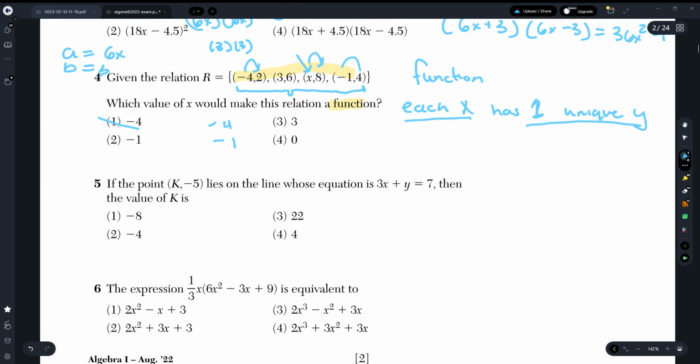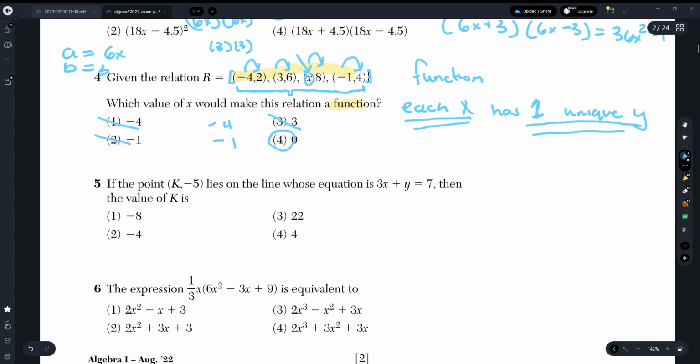Well, -1 is already going to 4, so if we have -1 going to 8, once again, that's not each x having a unique y. If we look at 3, we already have 3 going to 6, so that can't be it, because then we'd have 3 going to 8. Each x does not have one unique y, which leaves us with 0. Now, 0 would work because there's no other instance where x is 0. That means that it has to be a function, because in this set at least, each x has a unique y output.